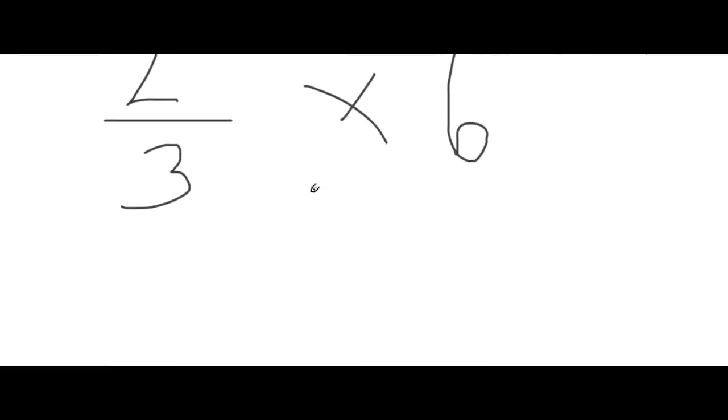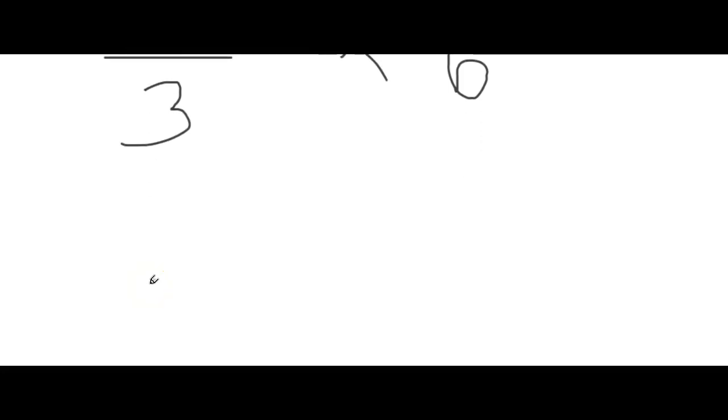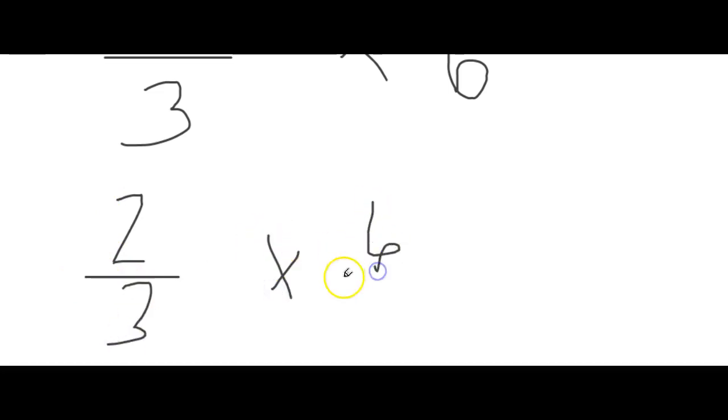We have 2/3 times 6. Once again, guys, even if it is in reverse order, it's very simple. We want to put 6 over 1, so we have 2/3 times 6 over 1. We multiply across. 2 times 6 is 12. 3 times 1 is 3.